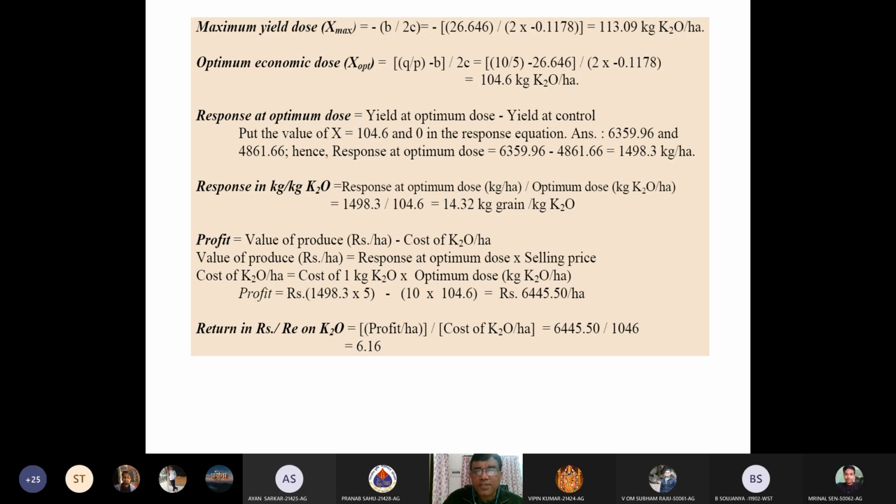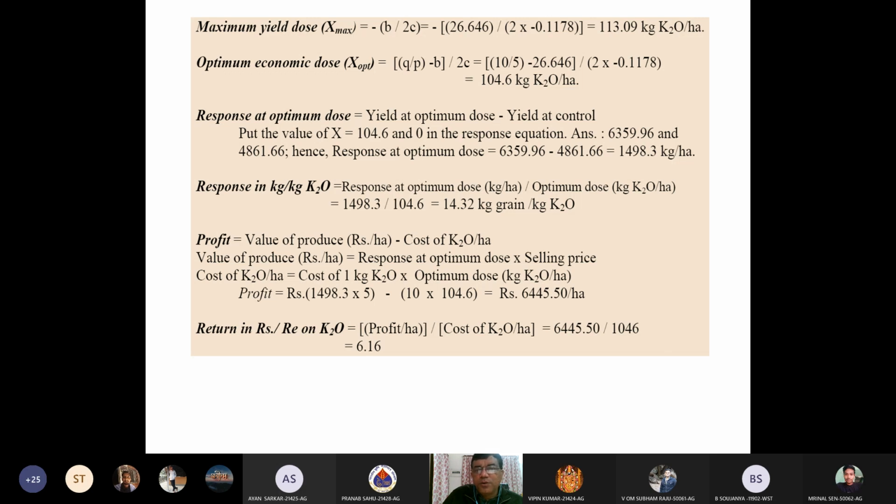So put the value of X, which was 104.6. The optimum dose was 104.6, and 0 was the yield at control, meaning the X value was 0. So you get the answer 6359.96 by putting the value.